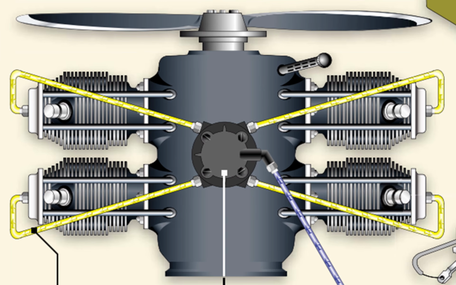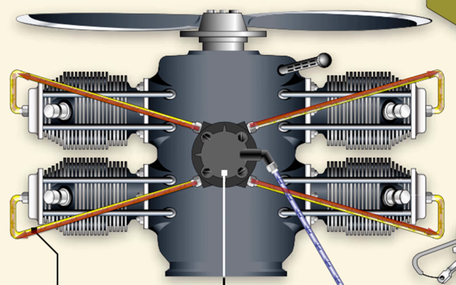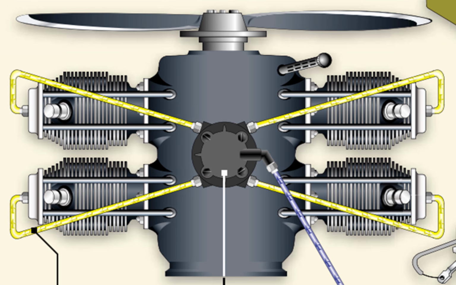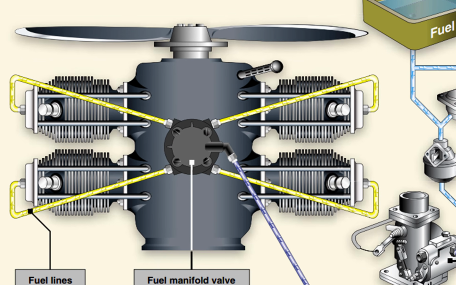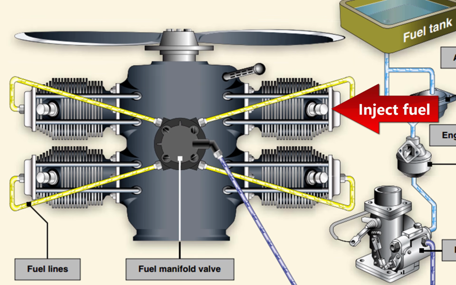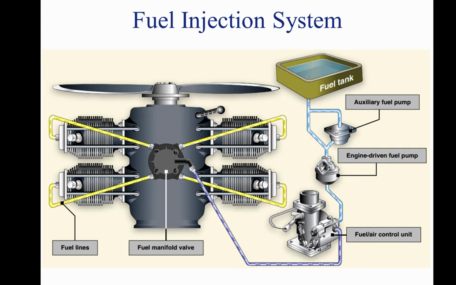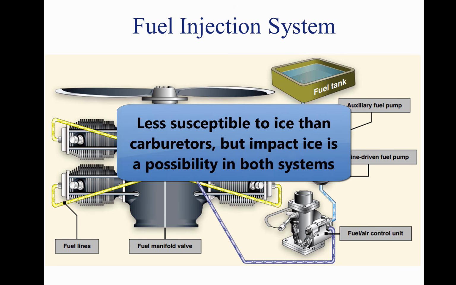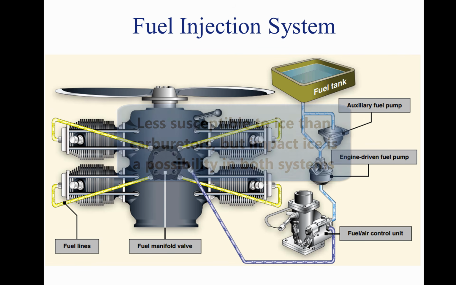After reaching the fuel manifold valve, the fuel is distributed to the individual fuel discharge nozzles. The discharge nozzles, which are located in each cylinder head, inject the fuel-air mixture directly into each cylinder intake port. A fuel injection system is considered to be less susceptible to icing than the carburetor system, but impact icing on the air intake is a possibility in either system.